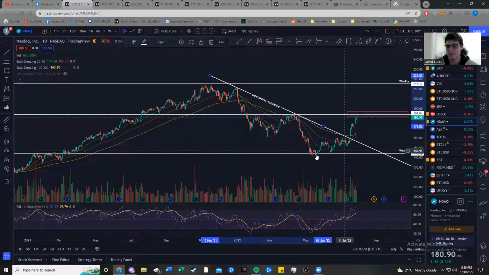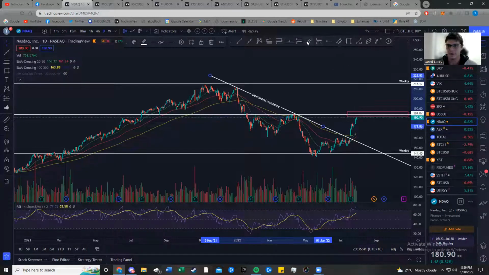But as you can see, it is now broken. It has found a level of support, which just happened to be the weekly, and it has since pushed out with increasing volume, which indicates that it's a successful break, and it does have some momentum behind the move. However, now, like I said before, we are approaching the significant resistance level here.